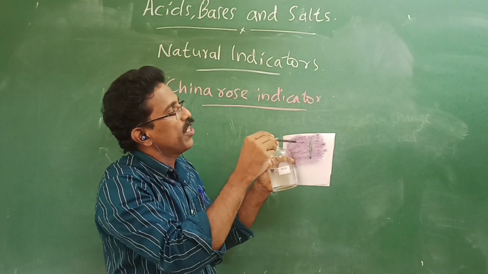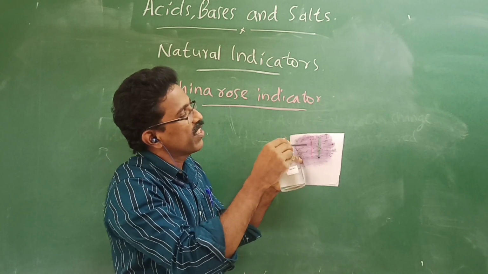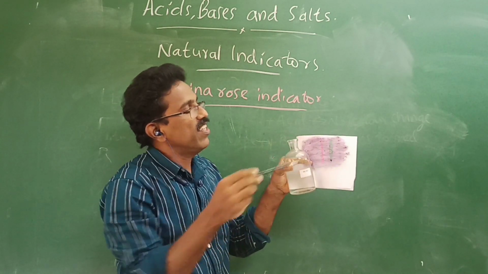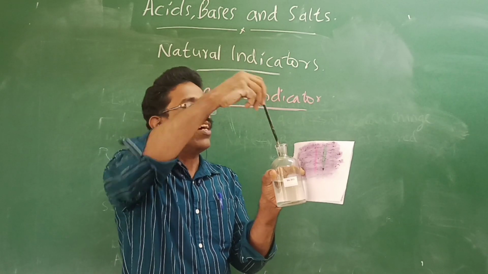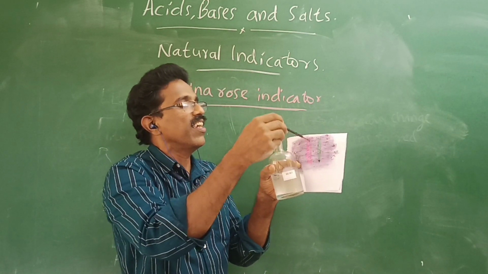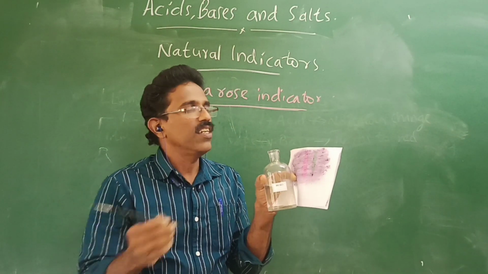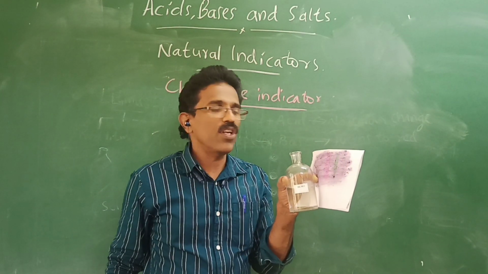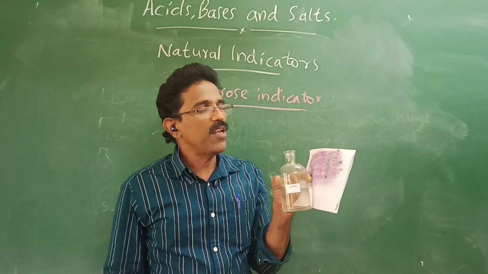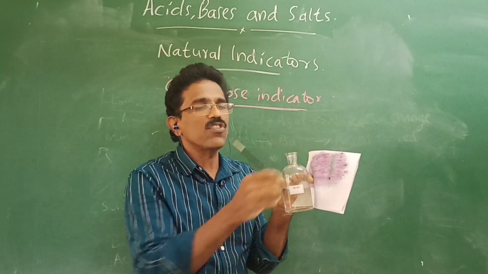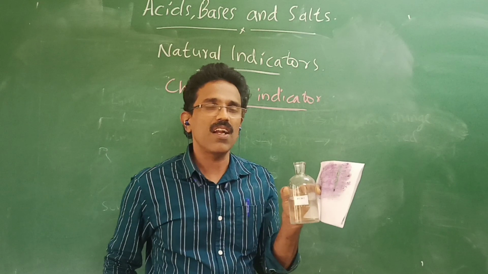Apply dilute hydrochloric acid here. You can see it is becoming red color. Okay, so acids turn China-rose paper into red color and bases turn China-rose paper into green color.